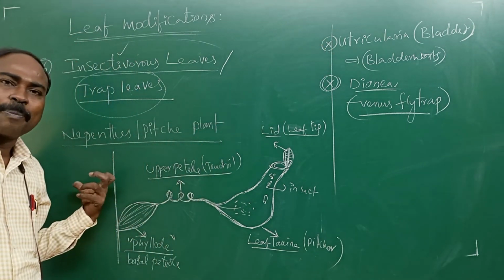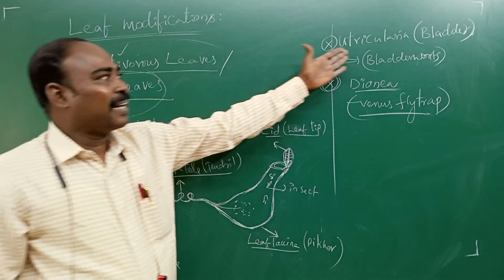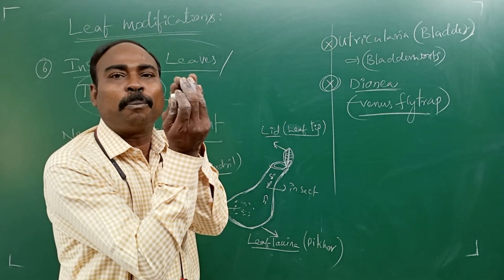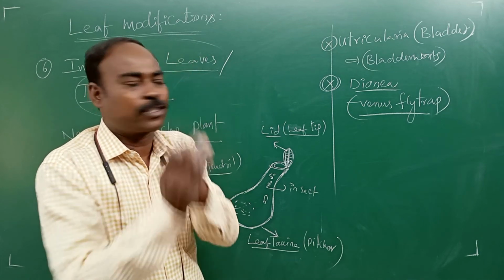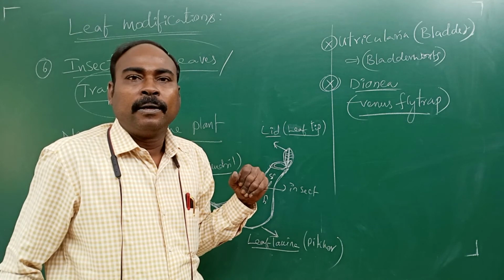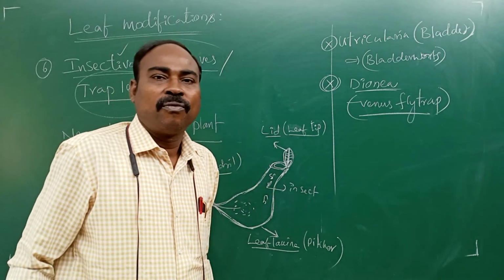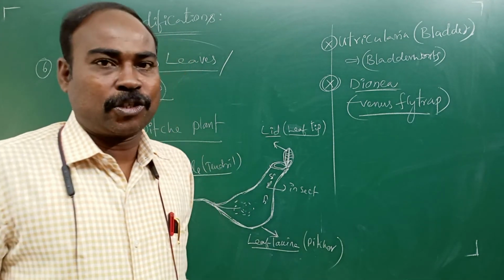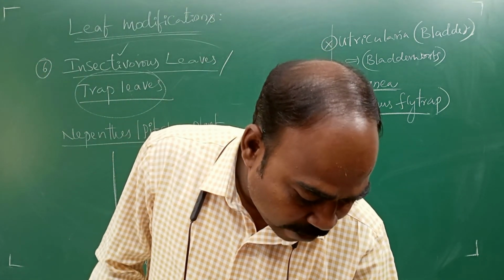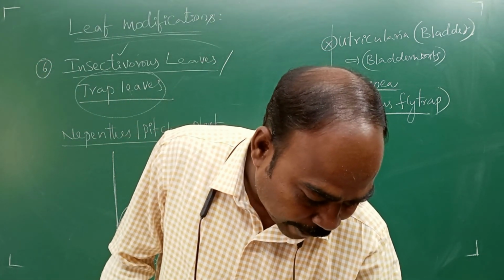Very important: pitcher plant, Nepenthes; bladderworts, Utricularia, which is an aquatic plant, where the leaves are modified to bladder-like structures to trap the insects; Dionaea, Venus flytrap. These are the examples of insectivorous plants. Insectivorous leaves. That is about leaf modification.